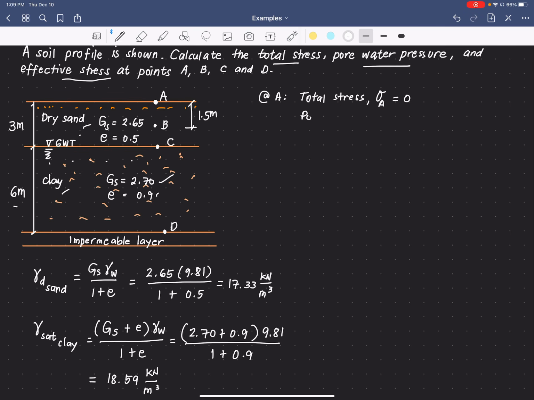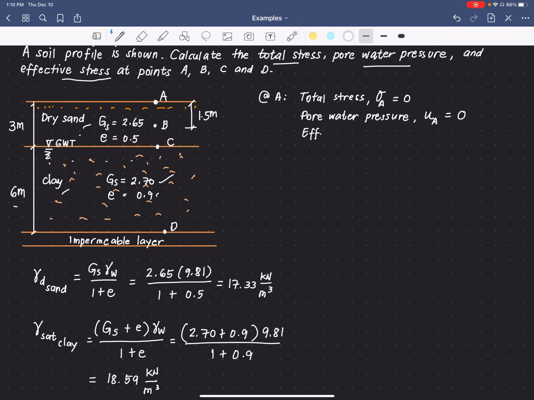Similarly, if we want to calculate the pore water pressure, which we denote as small u, at A, there is still no pore water pressure at this point, so this is simply equal to 0 also.